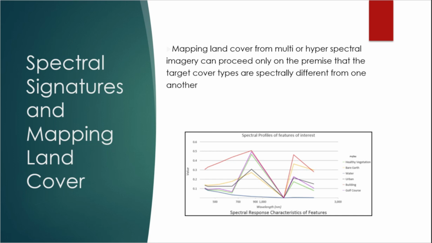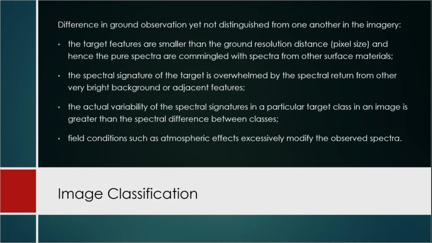So a number of factors can influence the spectral separability of target features. Features may differ in ground observation, yet not be distinguished from one another in the imagery. The target features may be smaller than the ground resolution distance, the pixel size, and hence the pure spectra are commingled with spectra from other surface materials.